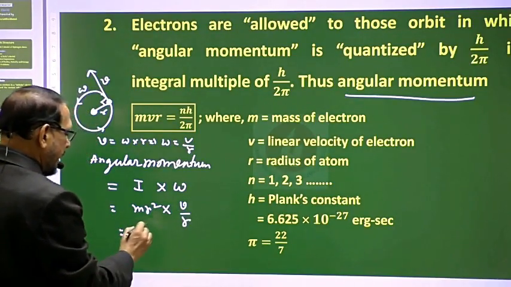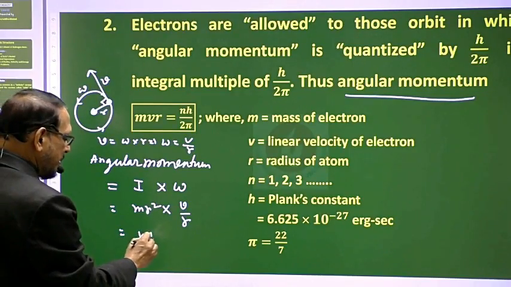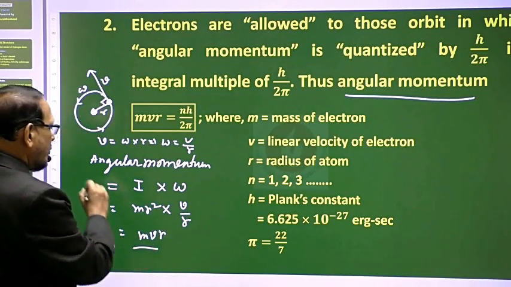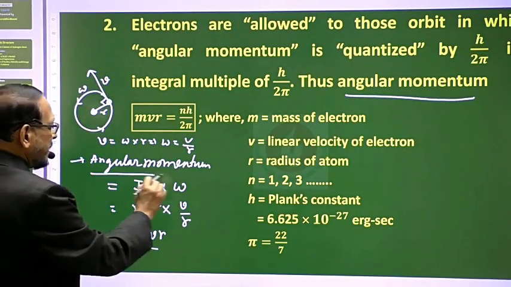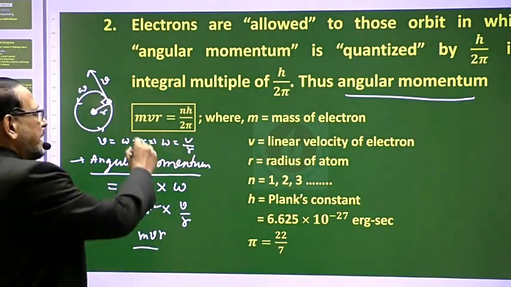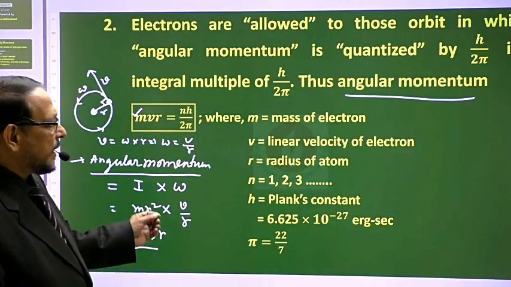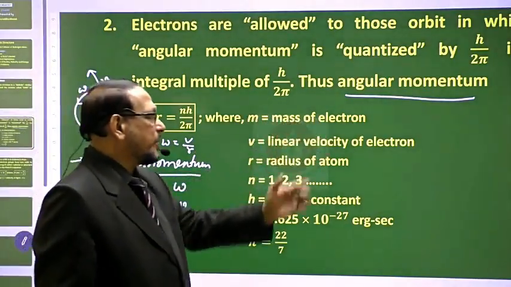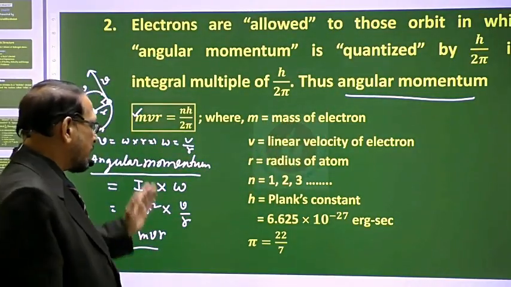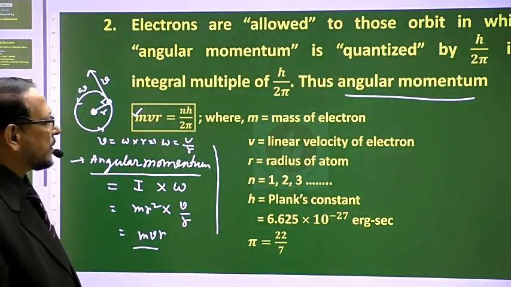Therefore r cancels out, and we get mvr. So when we write angular momentum in terms of linear velocity, it comes to mvr.